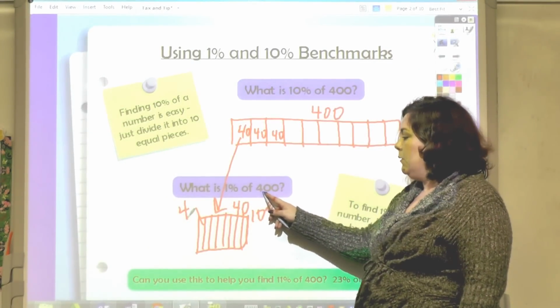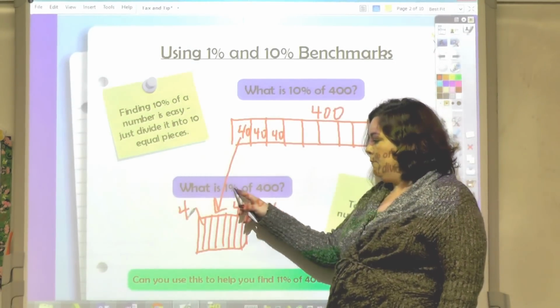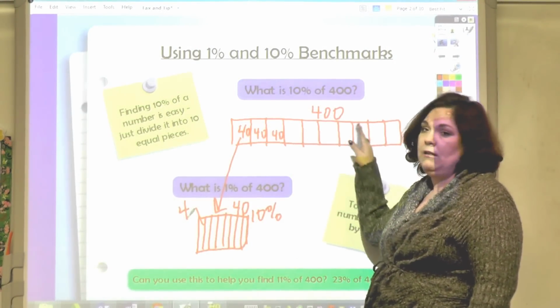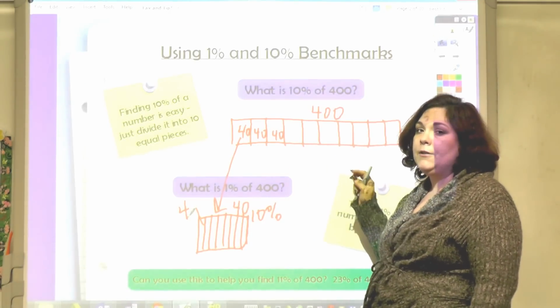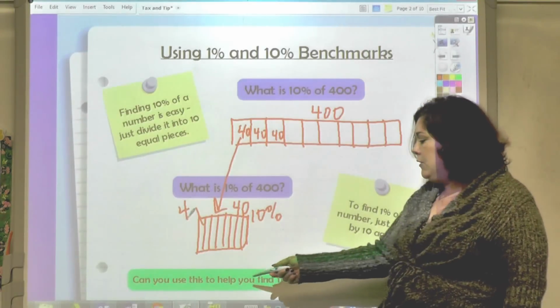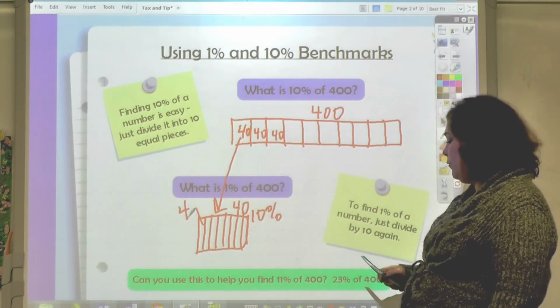So 1, 2. So it would definitely be $4. So $4 is 1% of 400. And again, if you had 10 of these within each 10 of these, it would all multiply out to equal 400. So how can you use this to help you find 11% of 400 or 23% of 400?